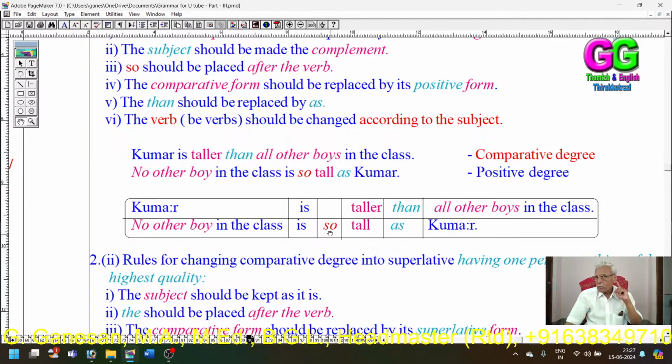Then the positive scale so is placed after the verb. The comparative form is changed into the positive form, taller to tall. The comparative scale than is replaced by the positive scale as. Then the subject is made the complement. That's all.